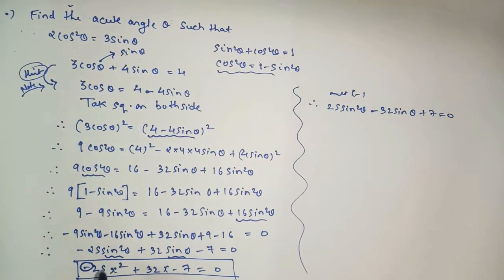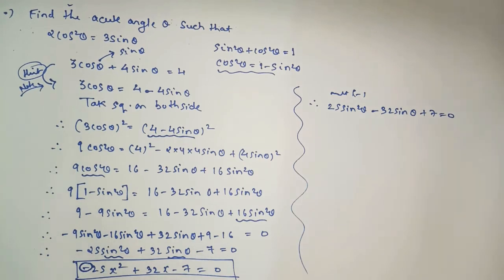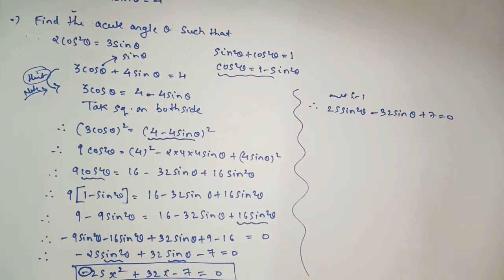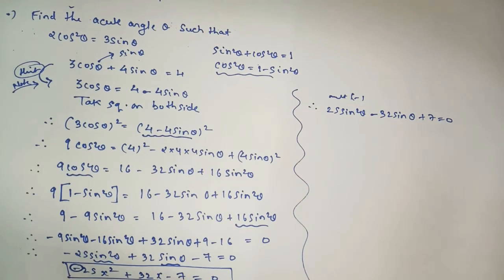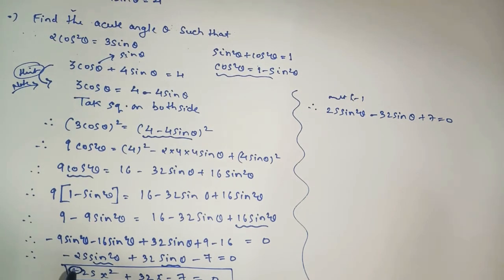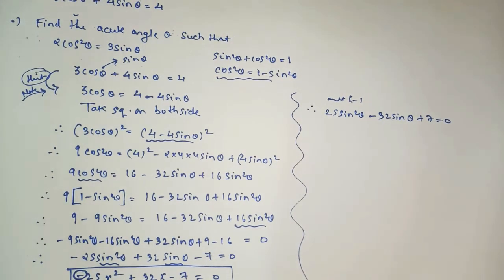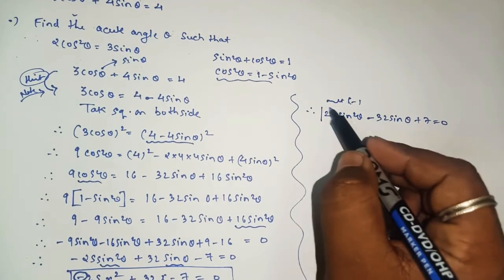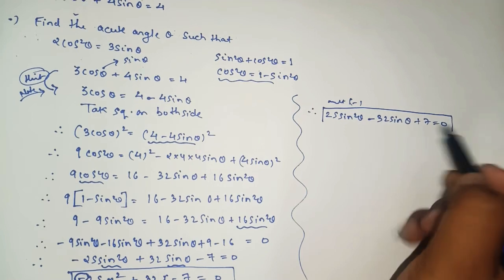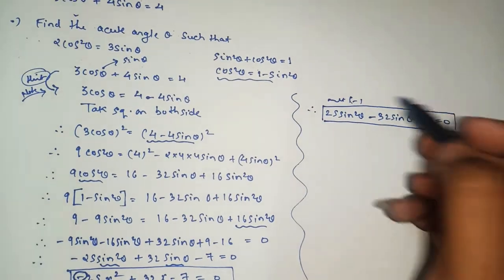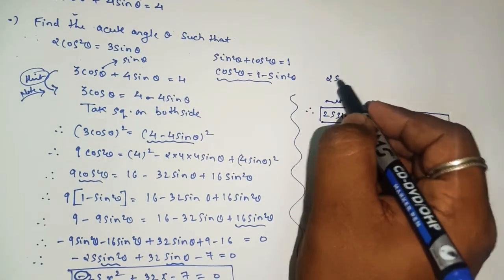When you replace sine by any other alphabet, it looks like a quadratic equation. And we know that whenever we solve any quadratic equation, we see that the sign of the square part is always positive. That's why here I made the sign of the square part positive.